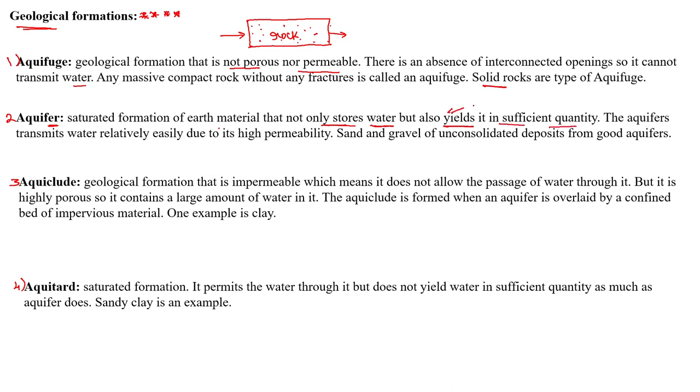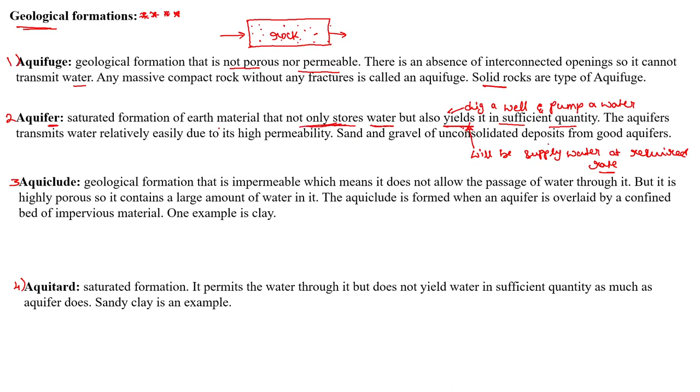When we say yield, it means that if you dig a well and pump water, this particular geological formation will be able to supply water at the required rate. So an aquifer not only stores the water but also yields.